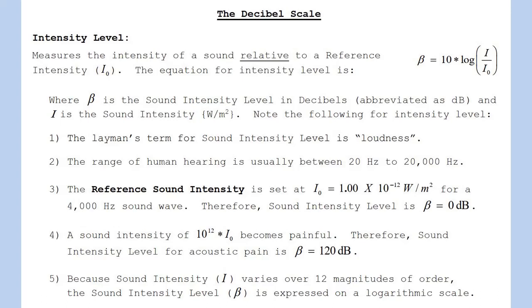So something that's going to be related to sound intensity, and we'll be using an I to represent sound intensity, is the sound intensity level, which we symbolize with the letter beta. So be very careful because they sound the same. One is sound intensity, the other one is sound intensity level. So here's the deal with sound intensity.